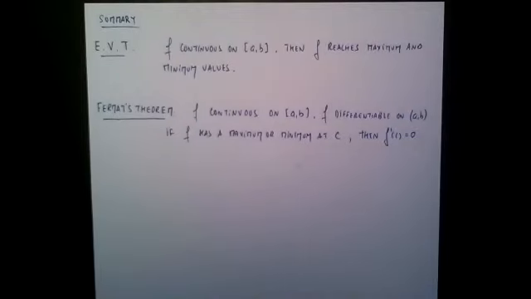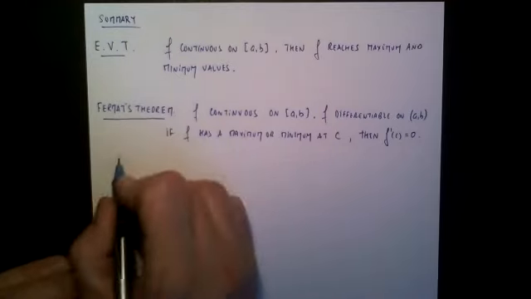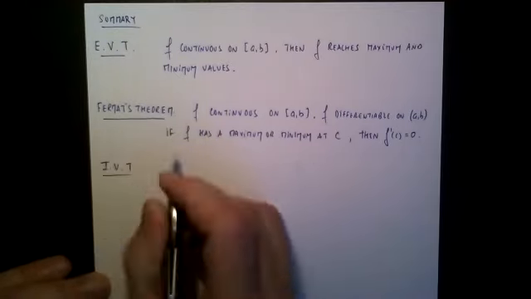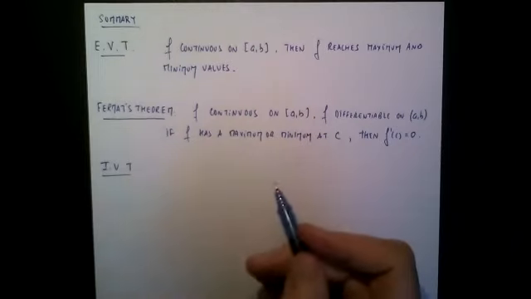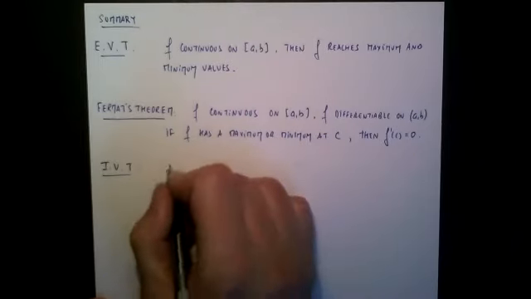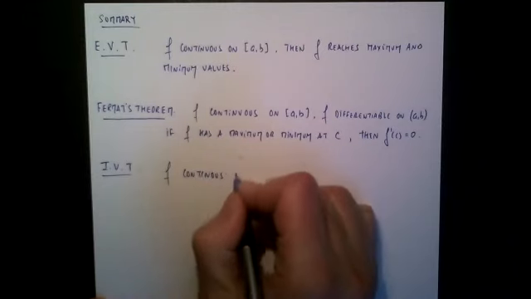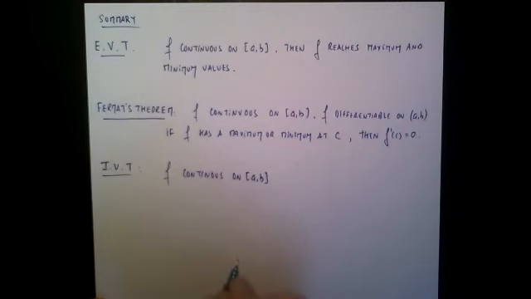Okay, so it's okay with these two. So extreme value theorem, Fermat theorem. Let's go with the intermediate value theorem, which I think is the most tricky one. So again, f continuous on AB.